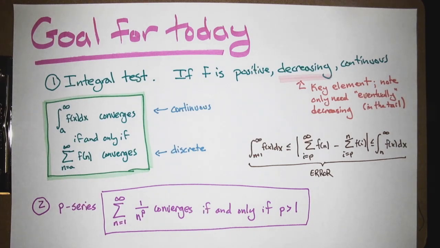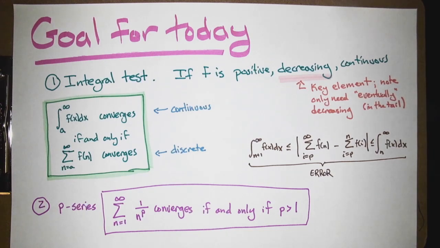The other big thing besides the integral test, and probably the most important thing because we're going to use it a lot, is what's called p-series. The sum from 1 to infinity of 1 over n to the power p will converge if and only if p is bigger than 1.